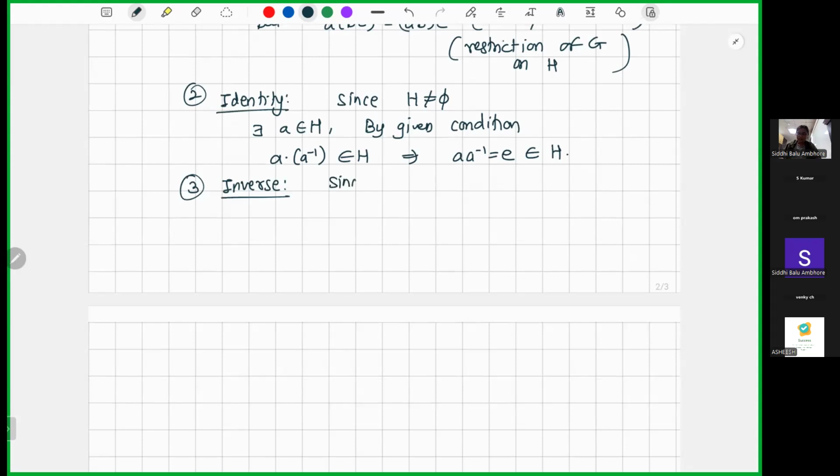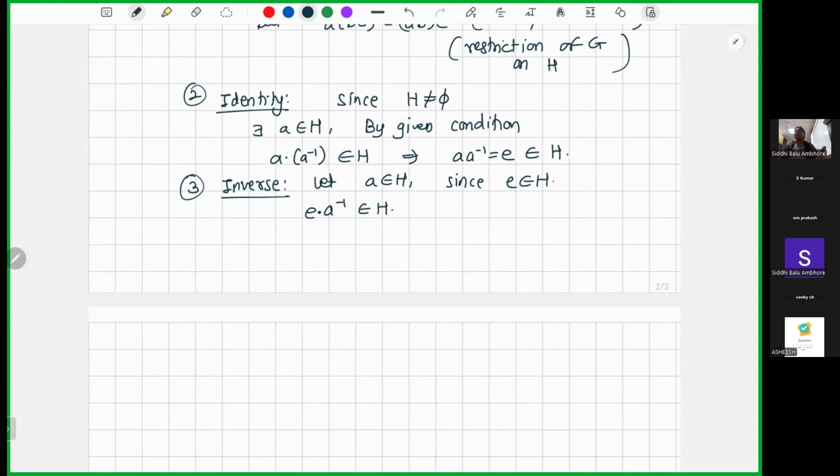And now third is inverse, which we need to check. Since E belongs to H, and if I take A, so let A belong to H, this E times A inverse belongs to H. A inverse is there from group G. I need to check whether this A inverse is also inside my H or not.